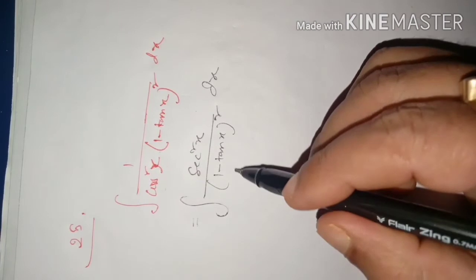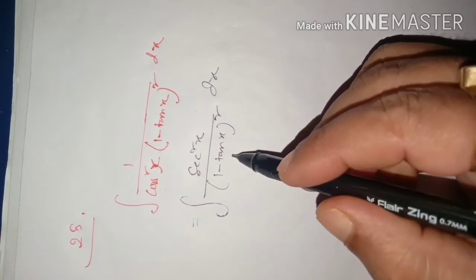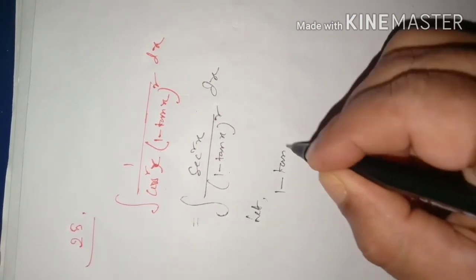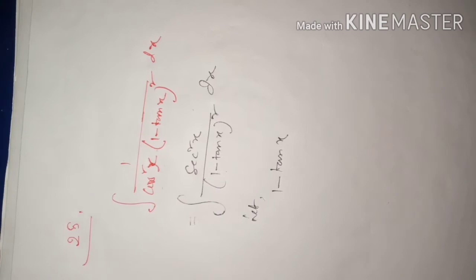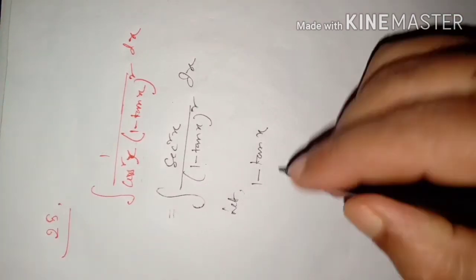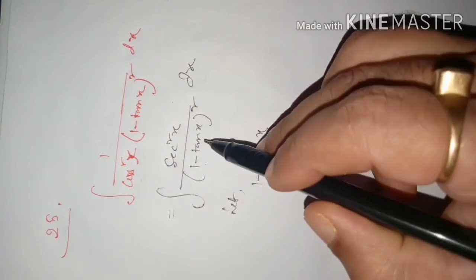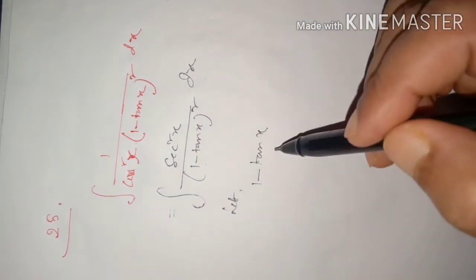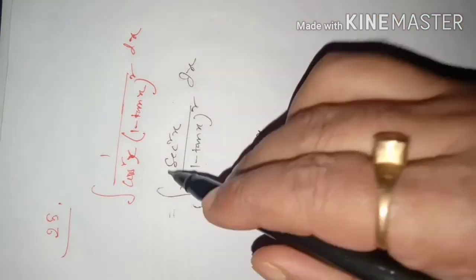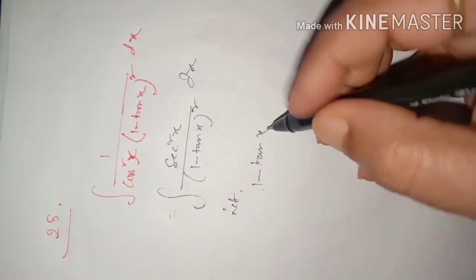So now we take this 1 minus tan x as, say, t. Here you see there is no fixed rule to solve the given problem. You have to observe the terms, observe the factors. If you take the derivative of one, and you get the other one, then that is substitution. So you have to substitute.